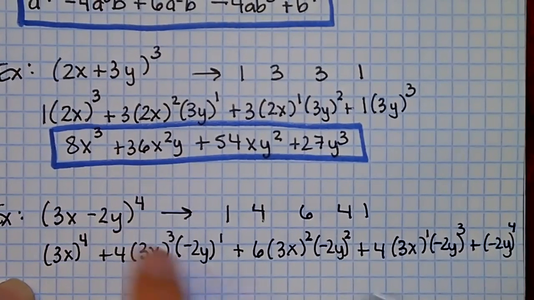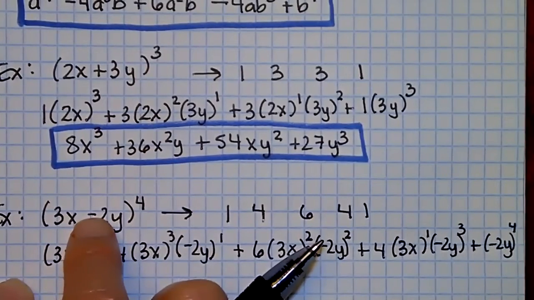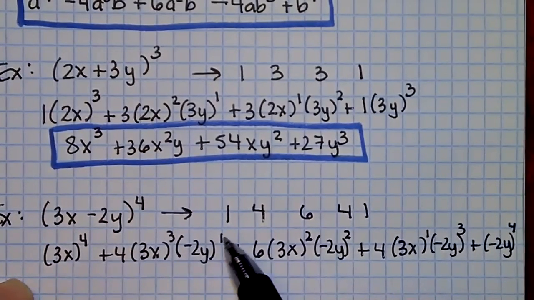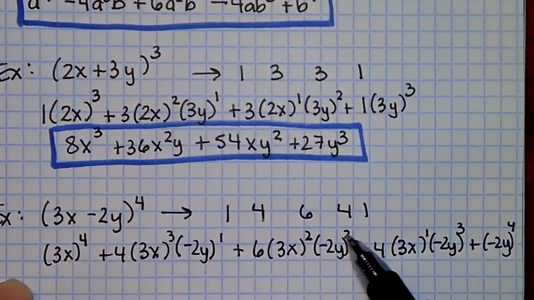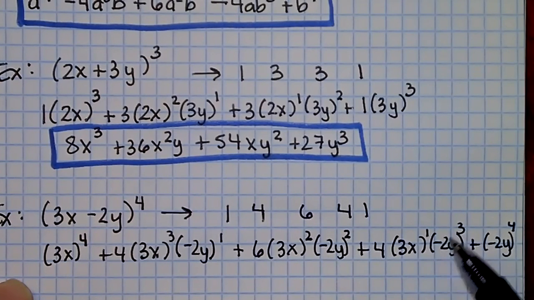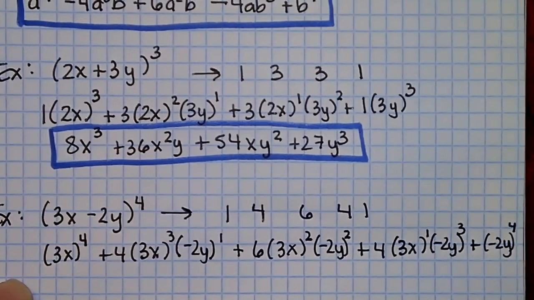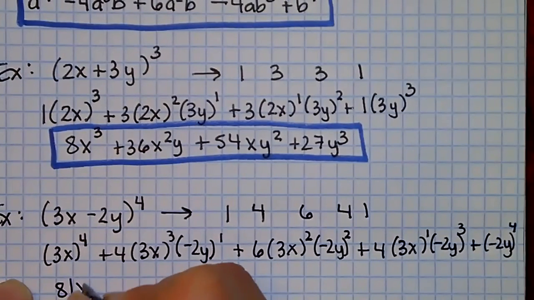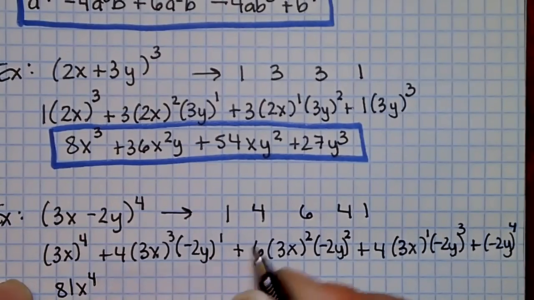Now what's going to happen again is it's going to be alternating signs. A negative to an odd is negative. This negative being squared is a positive. Negative to the 3rd is negative, and negative to the 4th is positive. So here I have 3 to the 4th, which is 81. So this is 81x to the 4th.